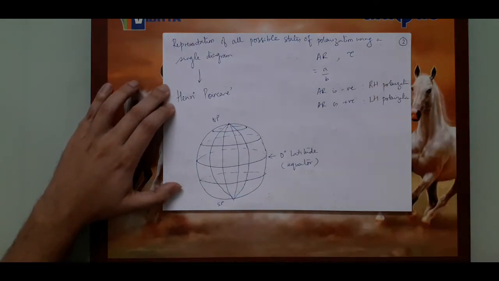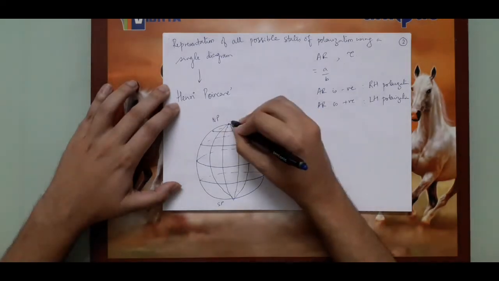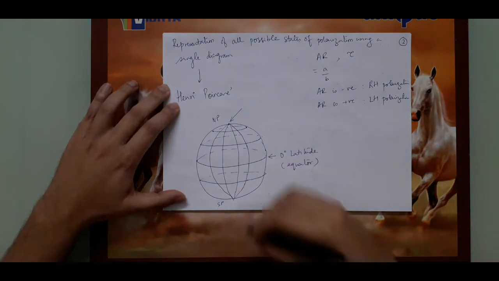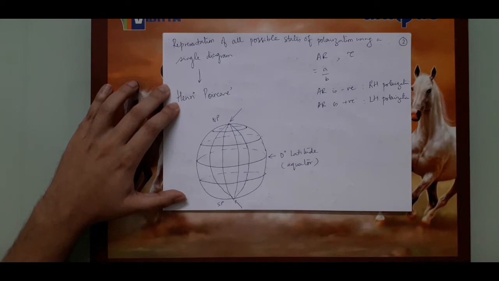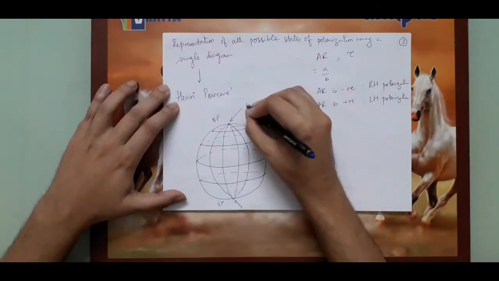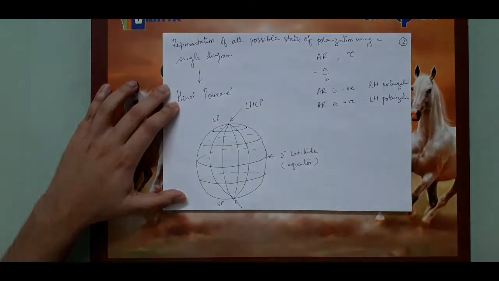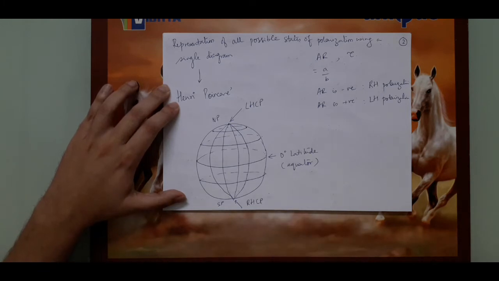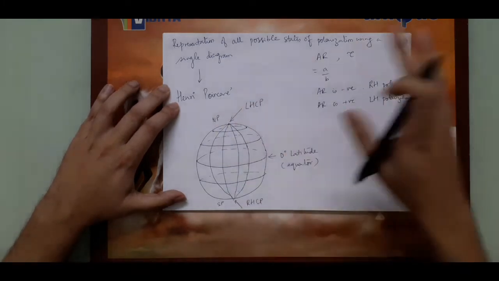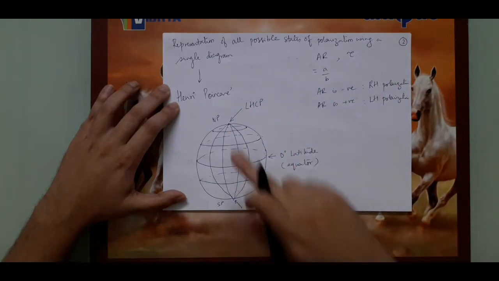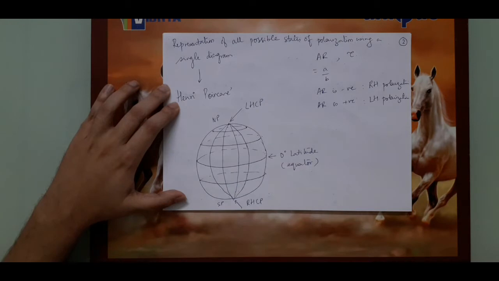So Poincare said that the north pole corresponds to a circle and the south pole also corresponds to a circle. But the north pole denotes the left hand circular polarization and the south pole denotes the right hand circular polarization. So all possible circular polarizations will be at these 2 points.